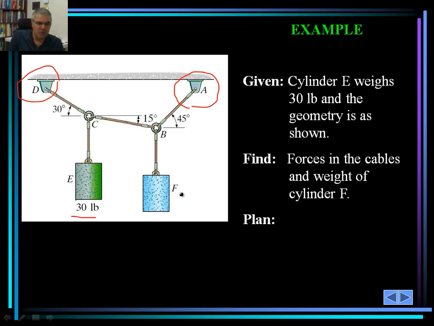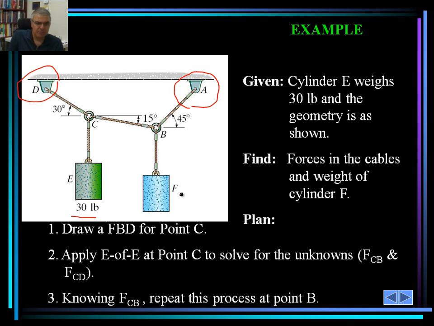So we would like to find both forces in the cables and the weight of the cylinder F, knowing the 30-pound weight of E. The first thing we do is draw a free body diagram for point C. If we can find the forces in cables CB, CD, and in CE, which is 30 pounds, then we can easily set another free body diagram if needed and calculate the force in AB.